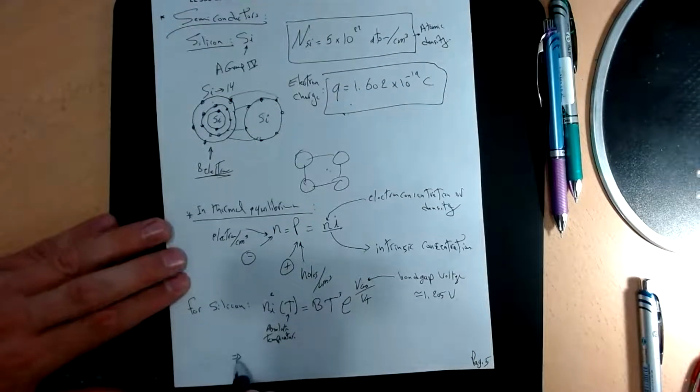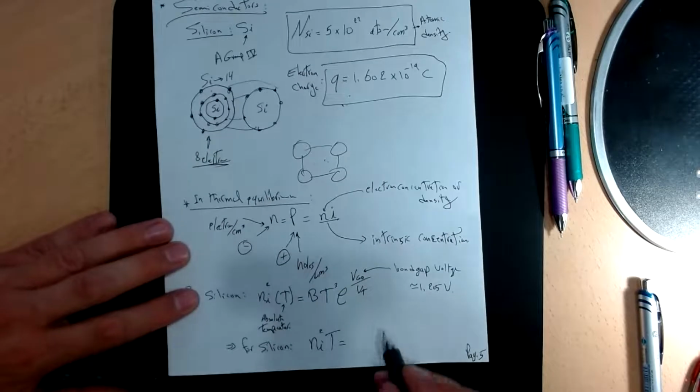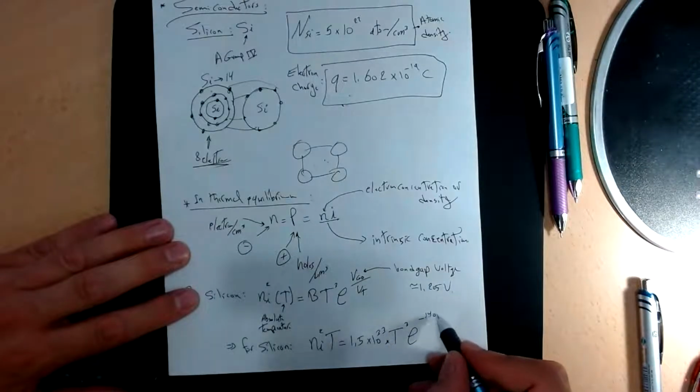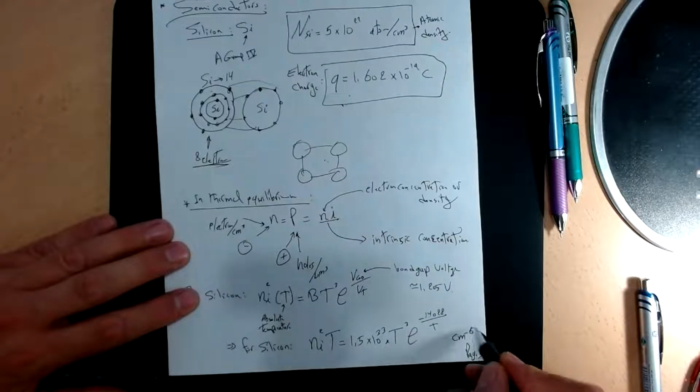So at the end, for silicon, the equation is ni square T is equal to 1.5 times 10^33 T cubed e to the power negative 14,028 divided by T, and this is going to be in centimeters to the negative 6.